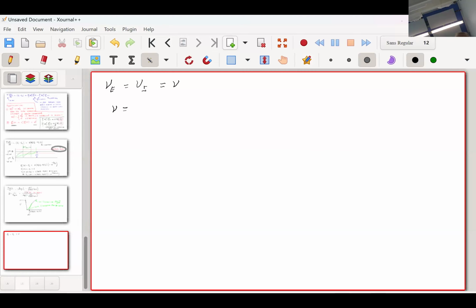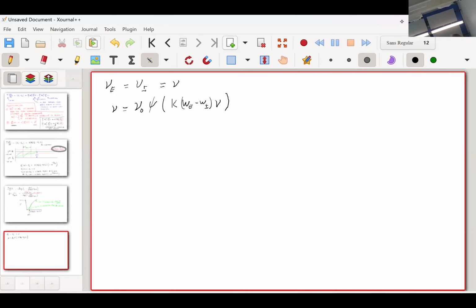So nu equals, I'm going to call this nu zero times some function of k WE minus WI nu.